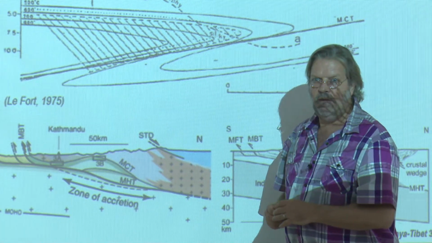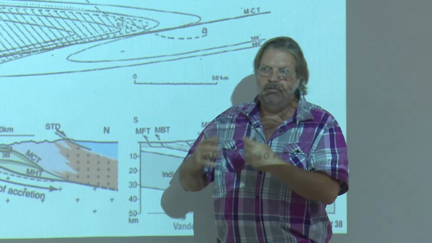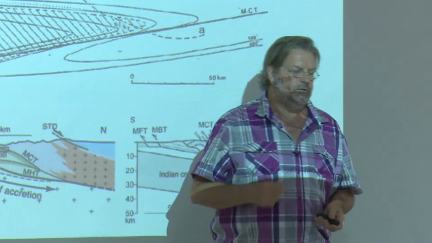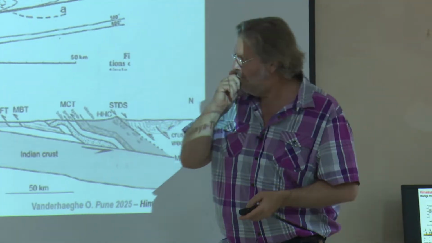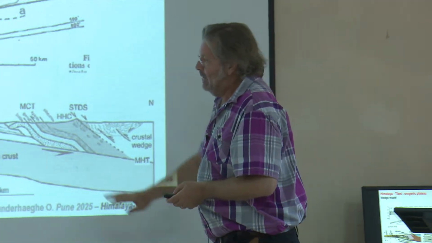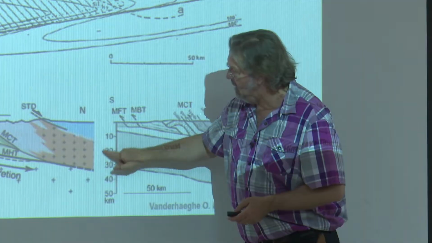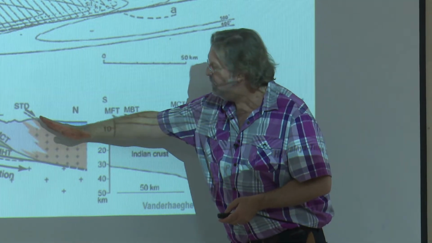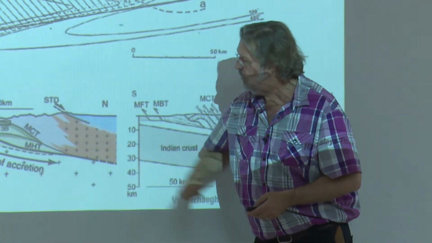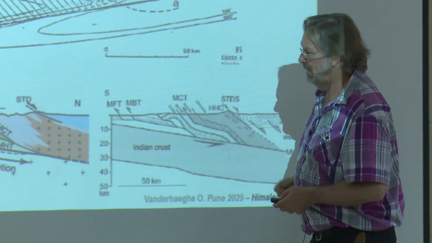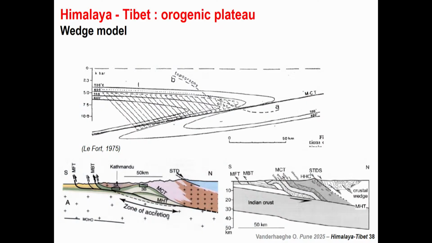And the metamorphic gradient is the fossil inverted thermal gradient. Well, in this model, there's a gap that is open here. Here you see the South Tibetan detachment doesn't reach the MCT. It's not clear what's happening, but it'll say, okay, maybe it's not that simple.